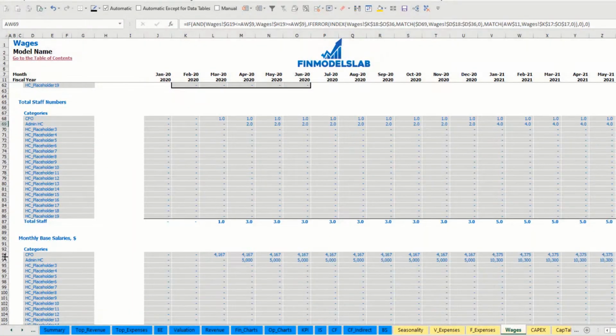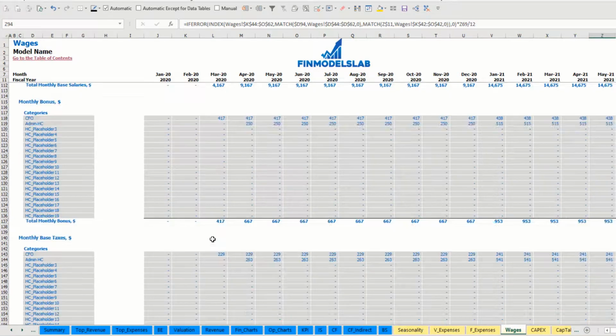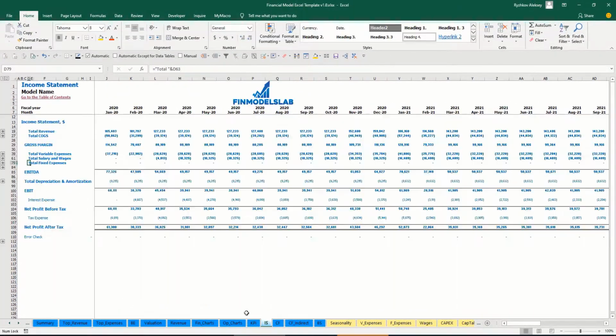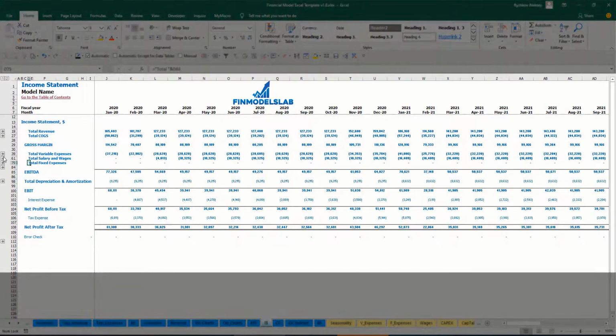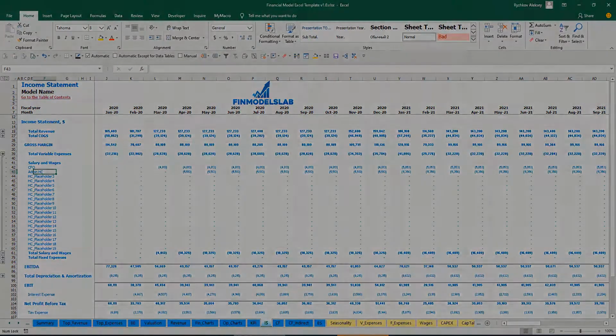Again, calculation of salaries for these two, in this case 4 headcounts, calculation of bonuses, and calculation of monthly based taxes. You may see in the income statement, total salaries and wages, and here you may see the total amount of bonuses, payroll taxes, and wages for these headcounts.